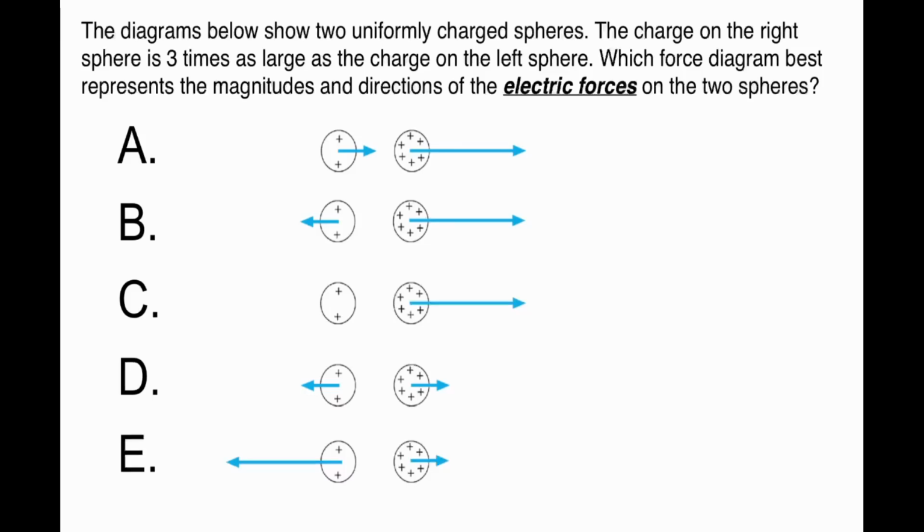Okay, I'm going to give you like 30 more seconds. Write down A, B, C, D, or E, and try to have a justification or a why, even if it's I'm guessing.